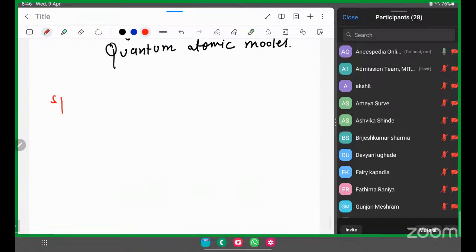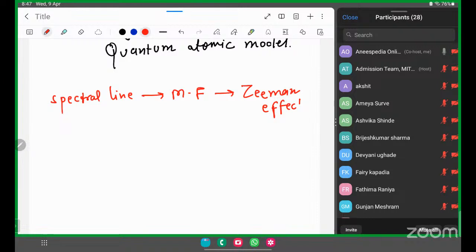If a spectral line is in a magnetic field and gets split, this is known as the Zeeman effect. Splitting of a spectral line in a magnetic field is the Zeeman effect.